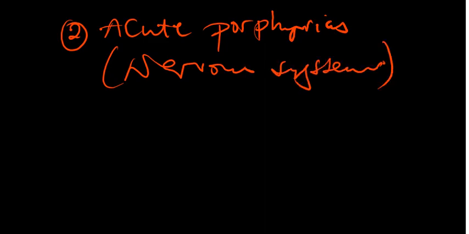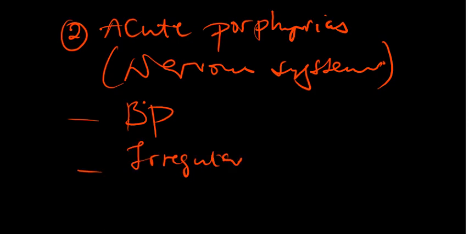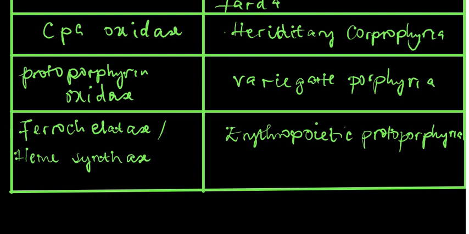Some of the symptoms include high blood pressure, irregular heart rate, constipation, problems in breathing, and so on and so forth. So next we are going to look at the actual disorders and the enzymes that they're affecting.